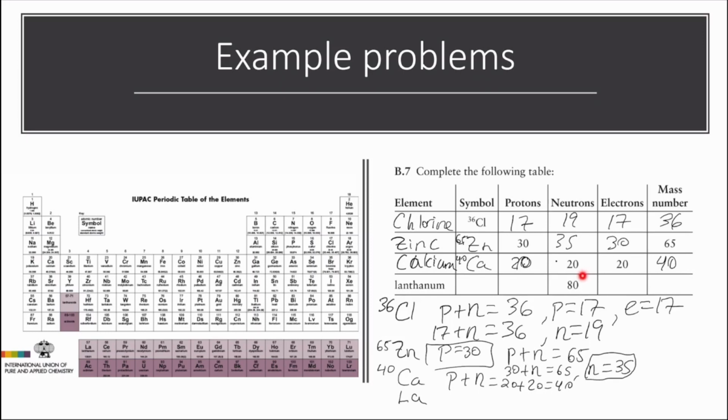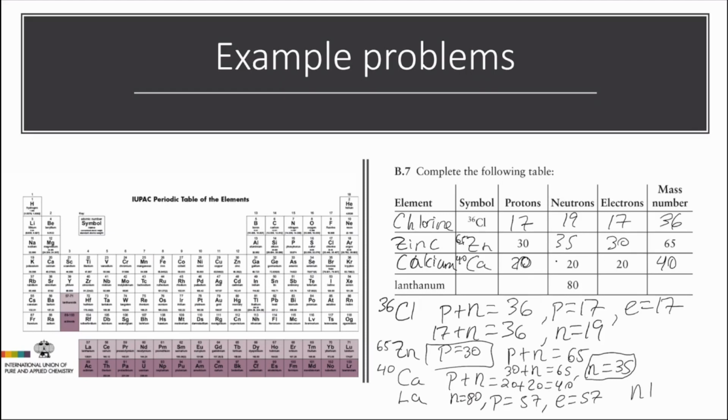Perfect. Now the last one is lanthanum. So we're given that the number of neutrons for lanthanum is 80. Okay, so neutrons equals 80, and then we can look up in the periodic table the number of electrons or protons, 57. So protons is 57 and same number of electrons for this to be neutral, 57.